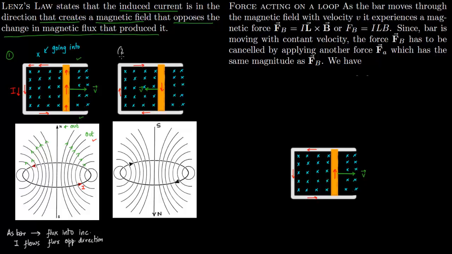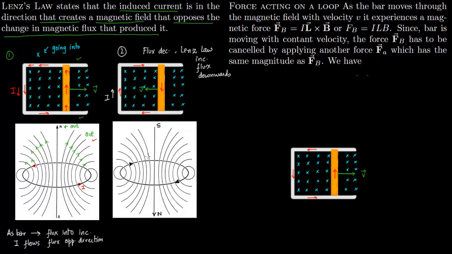Now consider example 2. Now the bar is moving towards the left with velocity v, so the flux is decreasing. Lenz's law will produce a magnetic field which will increase this flux downwards, so this is into the screen. Therefore the current will now flow in this direction, as in the loop here.